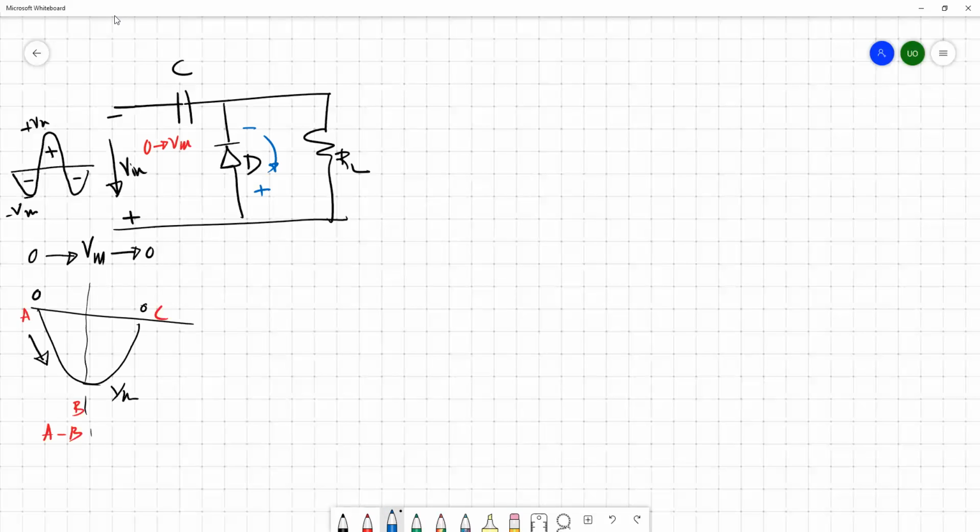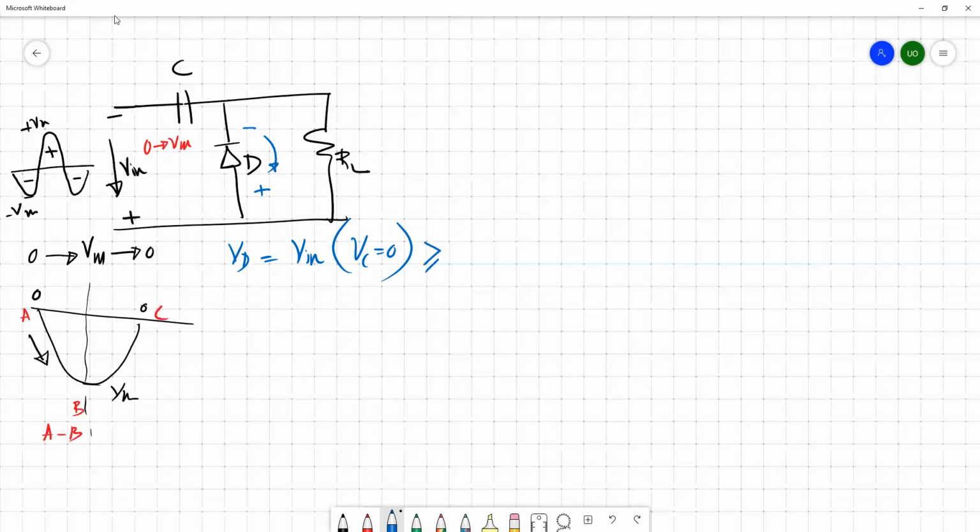Initially the capacitor voltage is 0, so the voltage drop across the diode is simply V in, because Vc equals 0. During this A to B segment, your voltage moves from 0 to V.